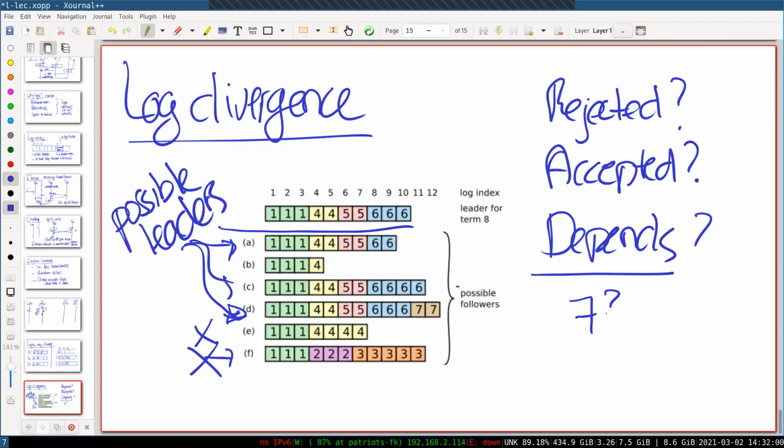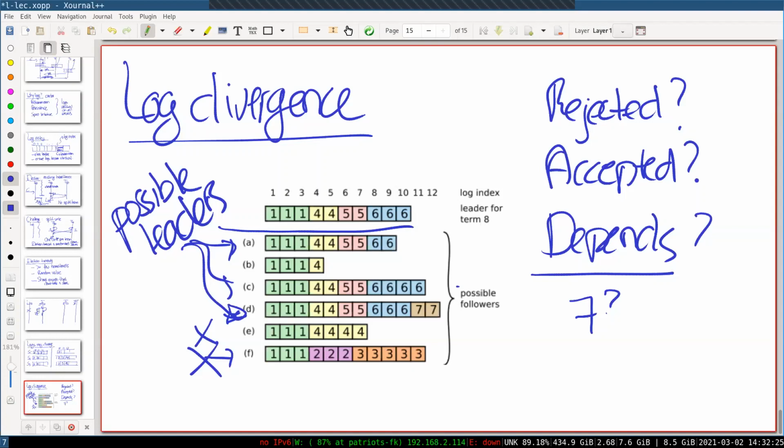So why could D have logs in term 7 if it's not the leader in term 7? D must have been the leader in term 7, correct? Yeah, I agree. Otherwise, it would have no log entries. Can you have log duplication? I think I forgot.